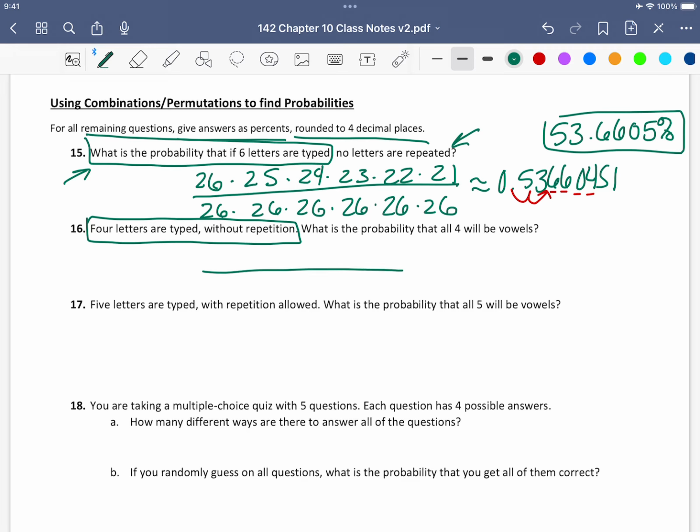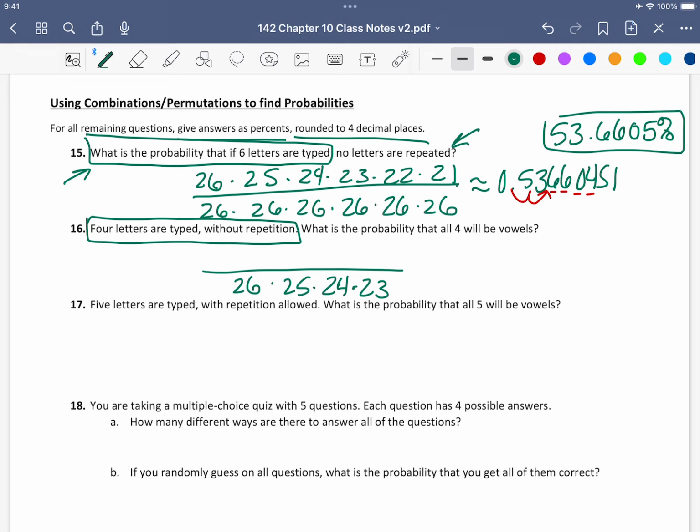Let's think about all the possible words with 4 letters if we can't repeat. We start with 26, but since we can't repeat, we lose one letter each time. So we're down to 26 times 25 times 24 times 23.